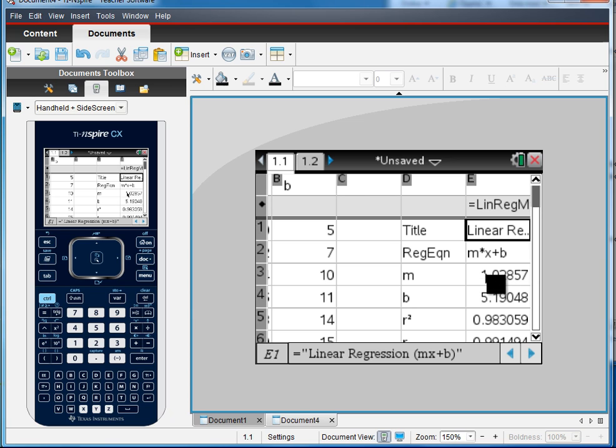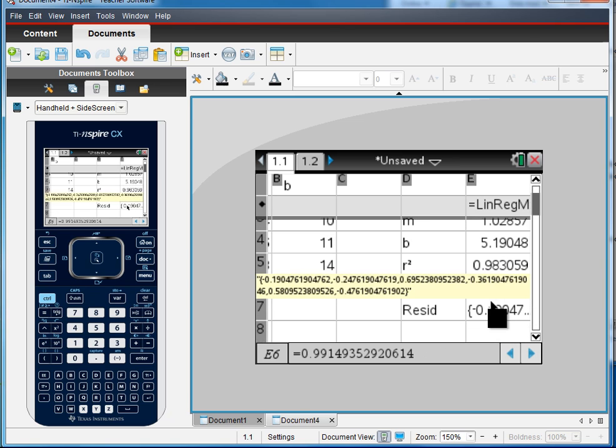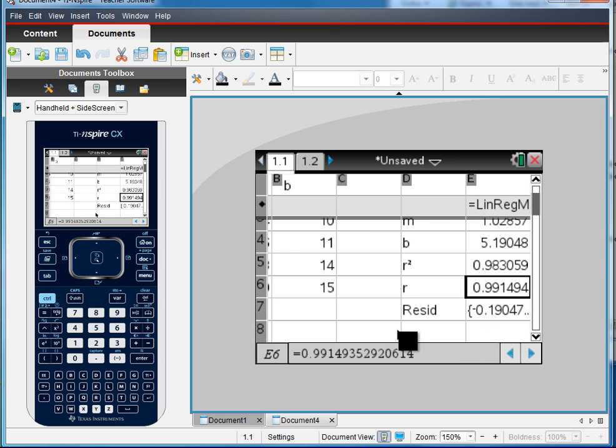Here we see that the linear regression model equation would be mx plus b, so the m value would be 1.02857, and this b value would be 5.19 more or less. If we scroll down a little bit, we see the r value is very close to 1, so we have a very high positive correlation coefficient.